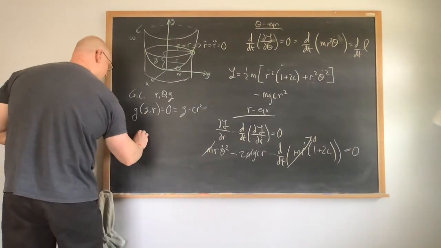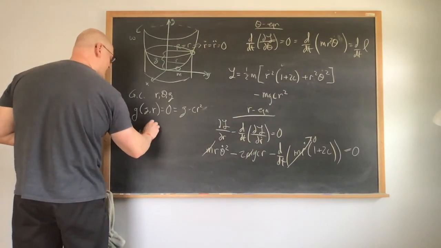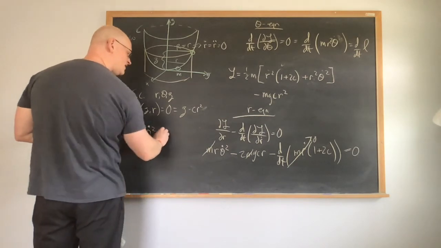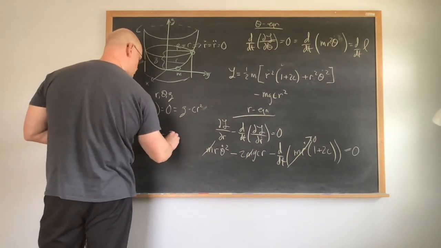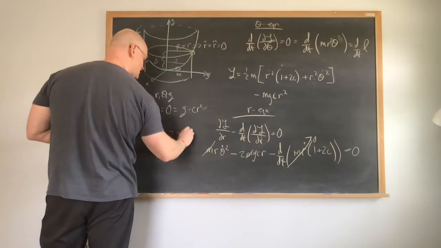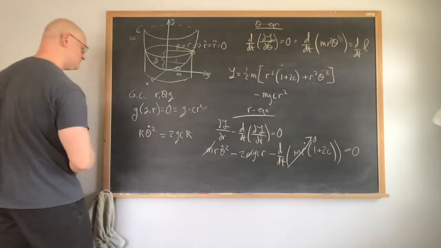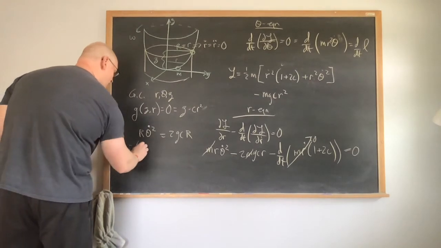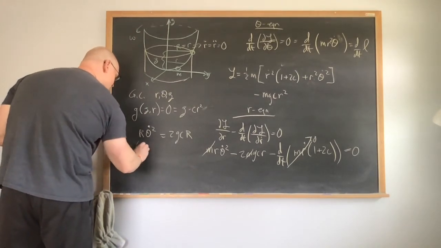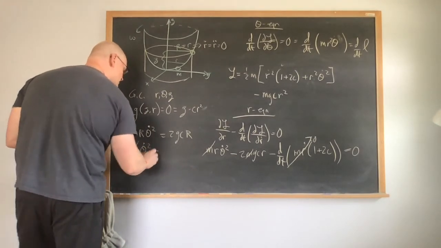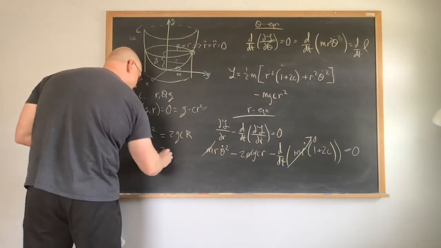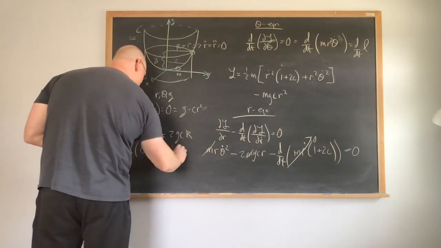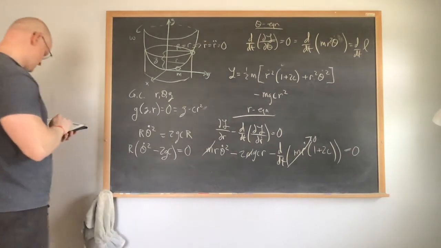We're simply going to get that capital R times theta dot squared must then be equal to 2g times c times capital R, or that gives me capital R times theta dot squared minus 2 times g times c must be equal to 0, right?